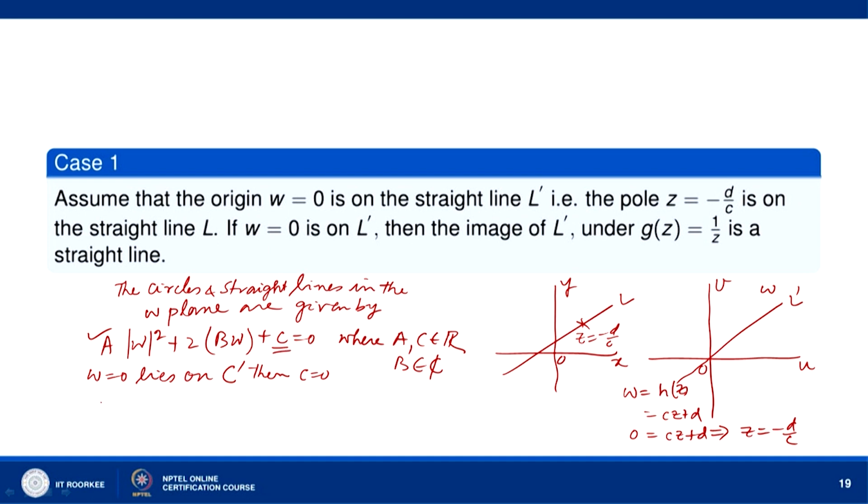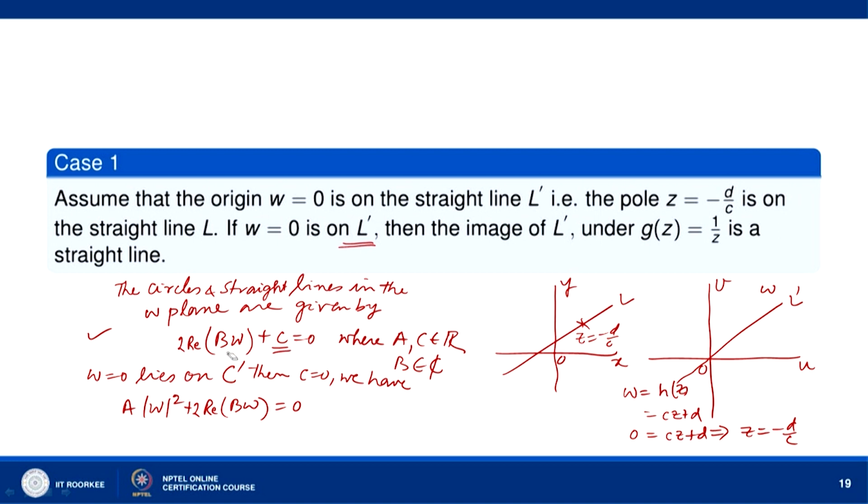This means that we have A|W|^2 + 2 Re(BW) = 0. So, if W = 0 lies on L', and we are taking it as a line, then A must be 0, so this term should not be there.